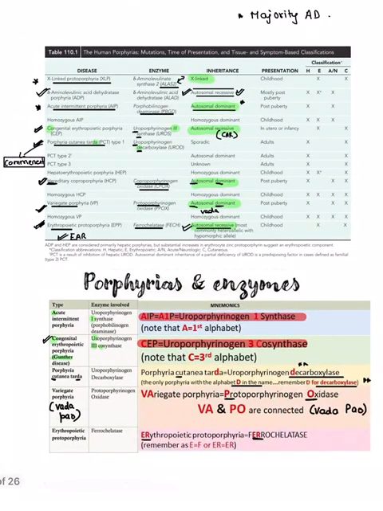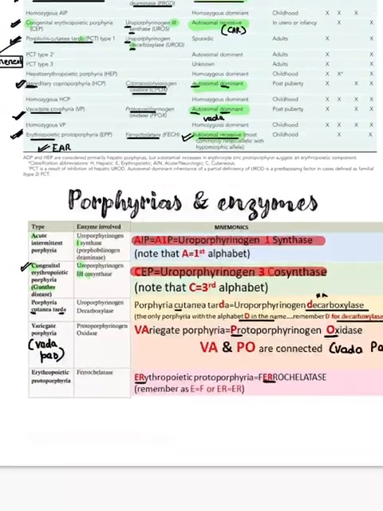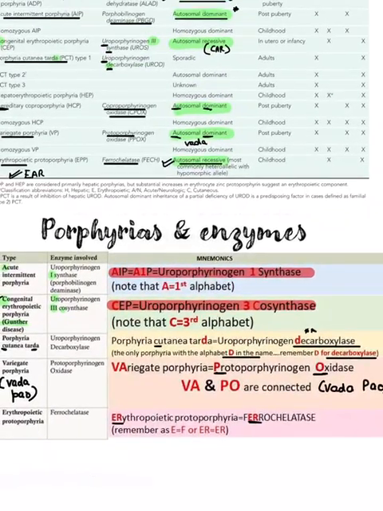Okay, see, in this table I have tried to summarize the mnemonics that I said, guys. There is acute intermittent porphyria, the first letter A. It is uroporphyrinogen 1 synthase deficiency, also known as hydroxymethylbilane synthase, and also known as porphobilinogen deaminase, guys.